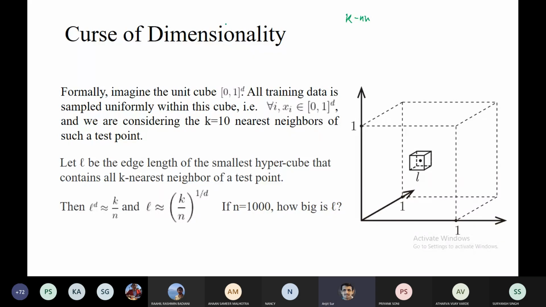What we have shown here is a cube, a three-dimensional space, and this is a unit cube where every side has unit measure.